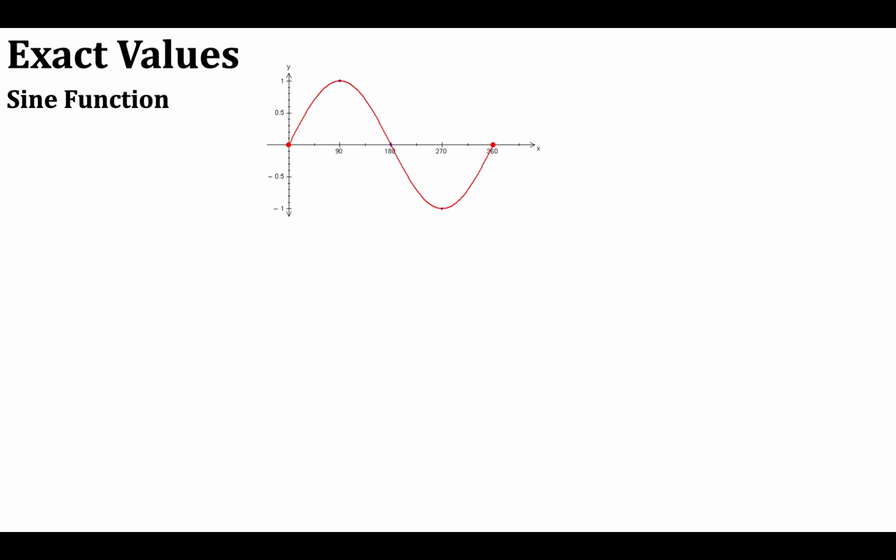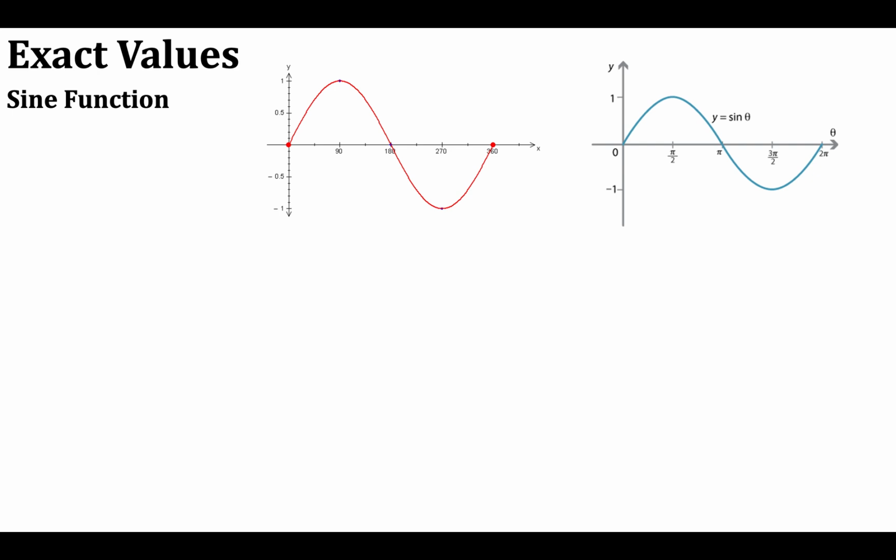So you actually know some exact values from last year. We covered them right at the beginning of the trigonometric graphs topic. So if we firstly look at the sine function, which hopefully you'll recognise, I'm just going to put this up here in radians as well, because obviously we need to be able to interchange between degrees and radians, and we should be able to use radians as well as we can use degrees.